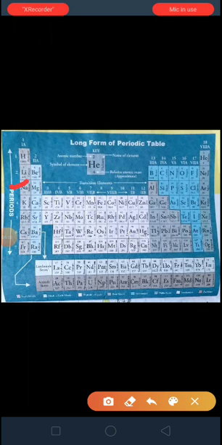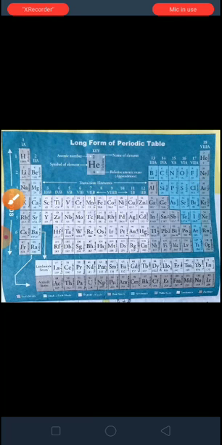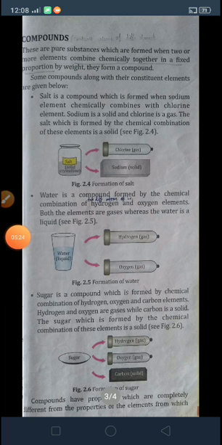This is the sodium element, Na, and this one is the chlorine element. When sodium and chlorine combine chemically, then salt is formed.